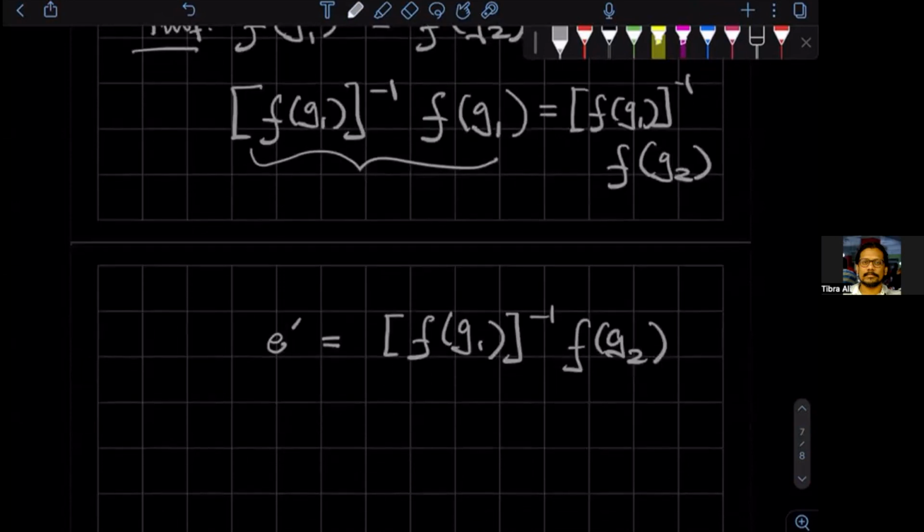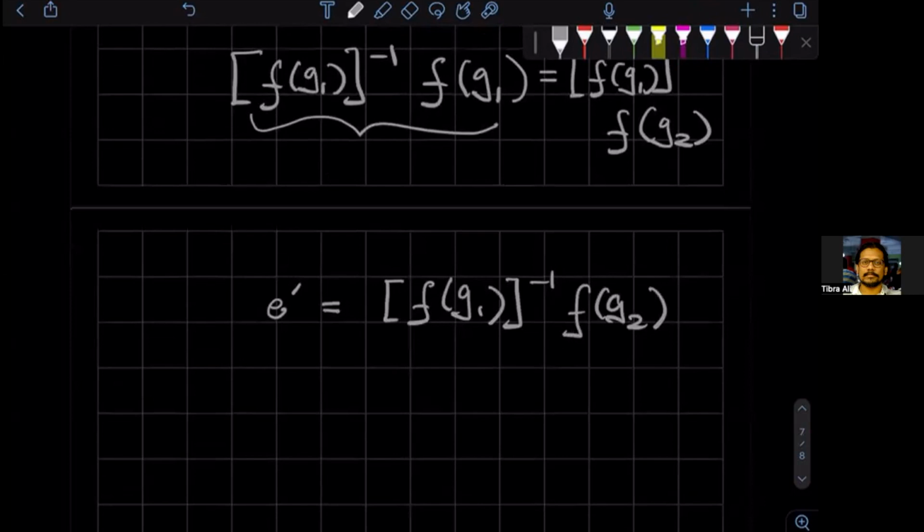But remember that f is a group homomorphism, right? And because f is a group homomorphism, that means that this should be equal to f of G1 inverse G2. Okay?